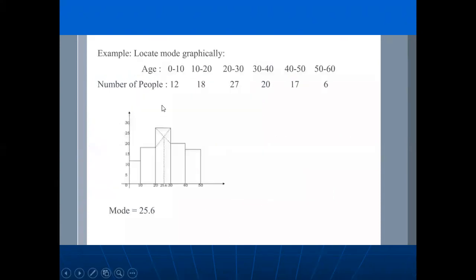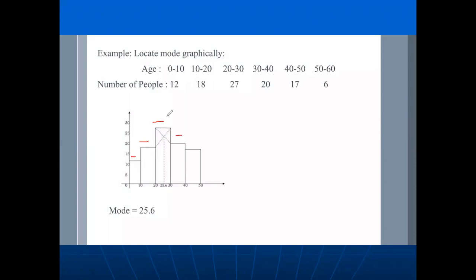So very simple thing. You have to take the class interval on the x-axis, frequencies on the y-axis. To these frequencies, you have to draw the bars. For example, 0 to 10, we have 12. So you can see it is 12 here. Then 10 to 20, we have 18. That is how you are drawing here. Then 20 to 30, we have 27. Then 30 to 40, we have 20.